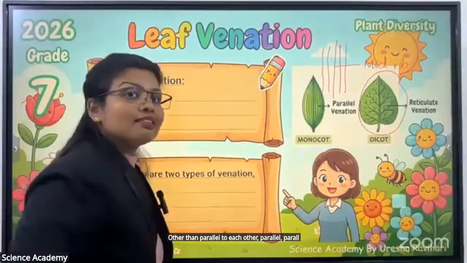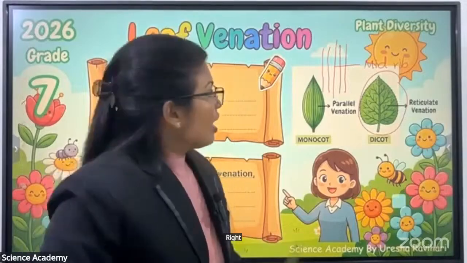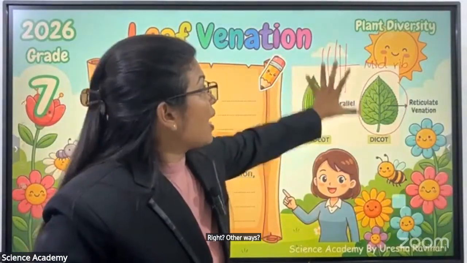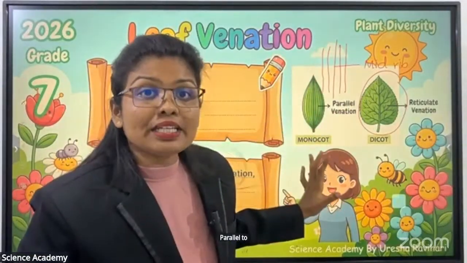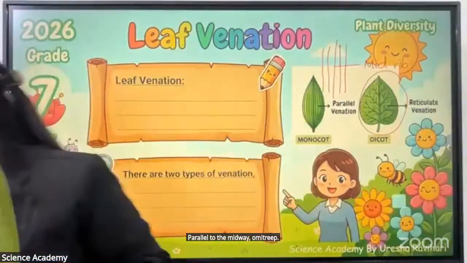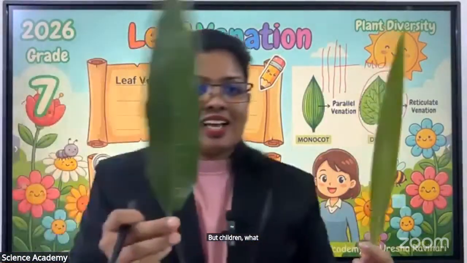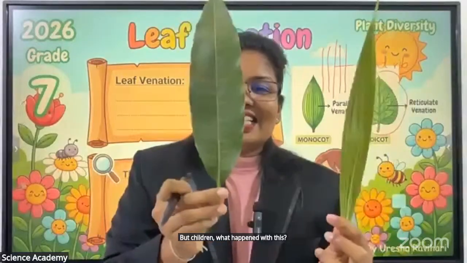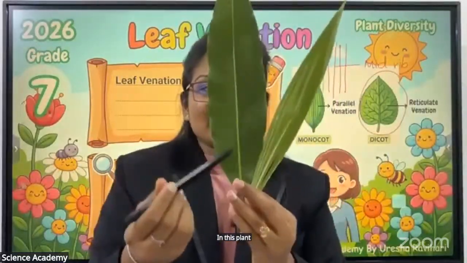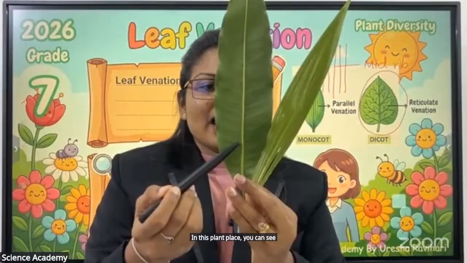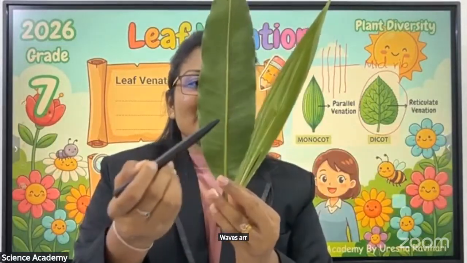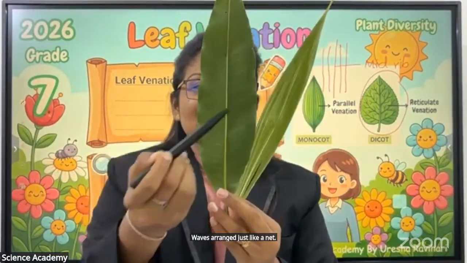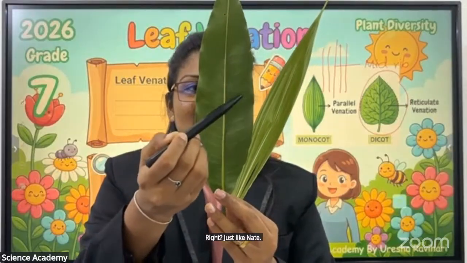Parallel, samantarai. The other veins are parallel to the mid-vein or mid-rib. But in the other plant leaf, you can see veins arranged just like a net.